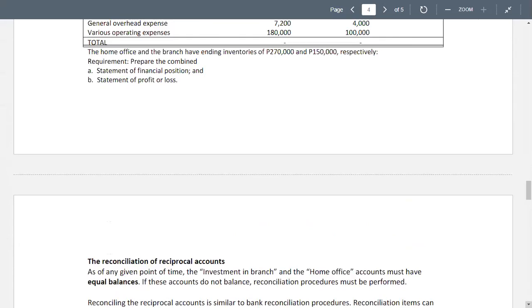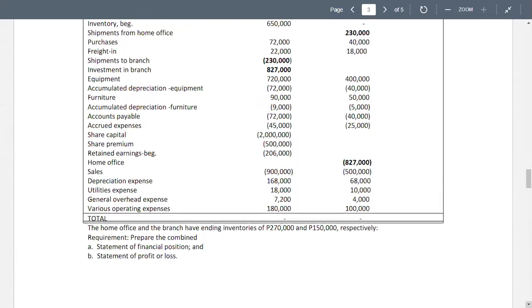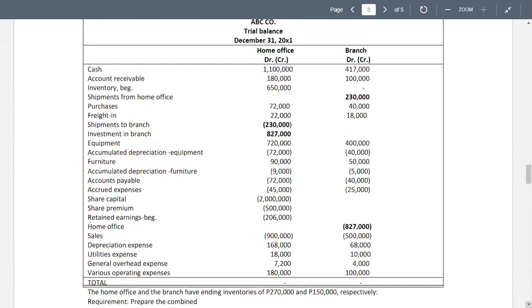You have to list down the accounts in a working paper. I'll just guide you. Since we are going to prepare a combined statement of financial position and statement of profit or loss, before we can do it, we will first prepare a combined working paper. So let's begin with it.